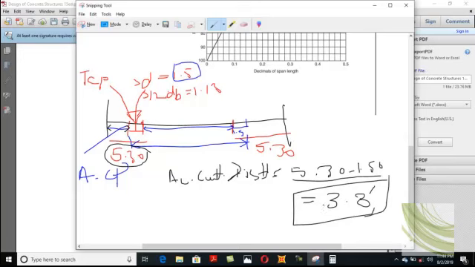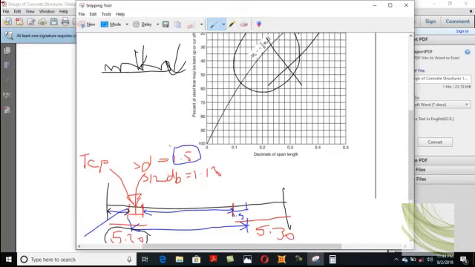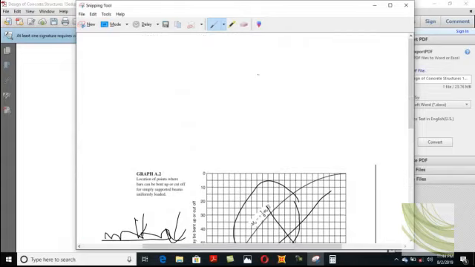Because the bar which is assumed to be cut off at this point, this is the moment diagram, and here we assume 300 kip foot.